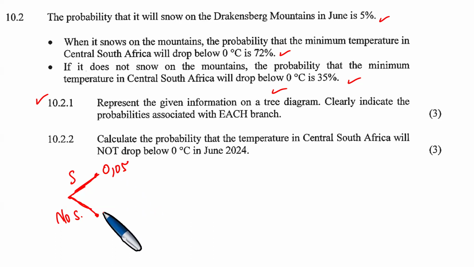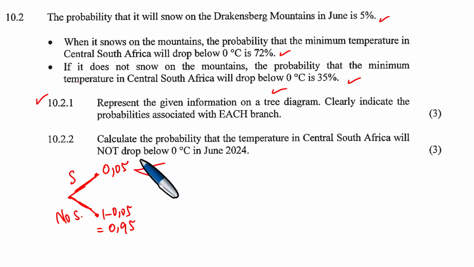The probability that it does not snow is 1 minus 0.05, which is equal to 0.95. It's like 95% that it does not snow. So if they say the probability that it will snow is 5%, the probability it does not snow is 1 minus that.